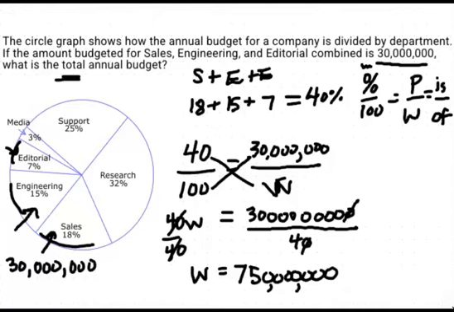So it looks like my whole budget, my total annual budget, is $750 million. And that's what we were solving for. The sales, engineering, and editorial are 30 million, and 30 million is 40% of my total, or my full annual budget, which is 750 million. That's what we figured out down here.